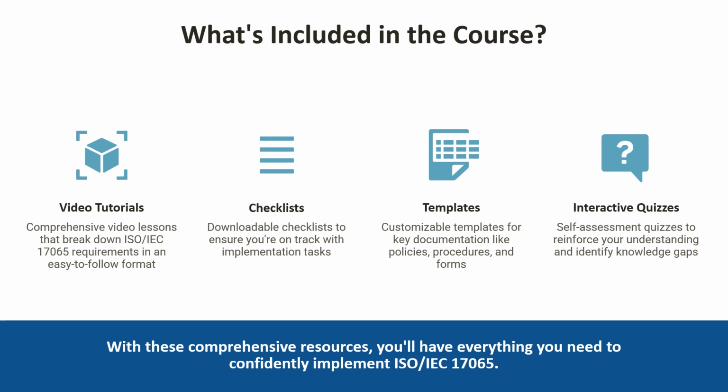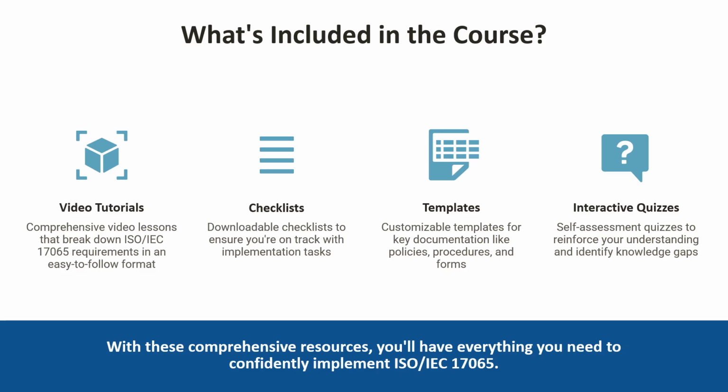This course offers a rich selection of resources to support your learning. Through detailed video tutorials, each chapter of ISO IEC 17065 is broken down into easy-to-follow lessons that highlight the essential components of the standard. To reinforce your learning, interactive quizzes are included to help you identify knowledge gaps and solidify your understanding. Practical exercises allow you to apply your knowledge in real-world scenarios, ensuring that you can translate theory into practice.